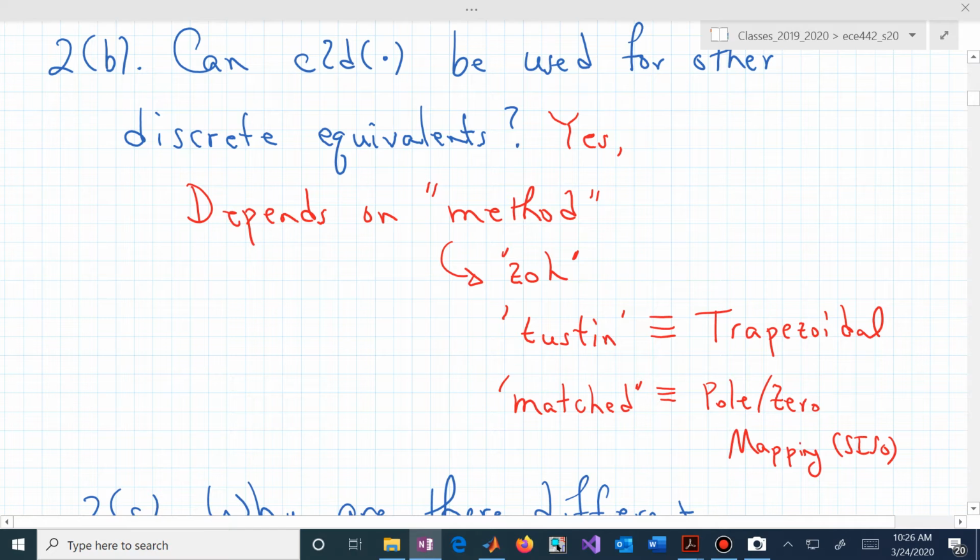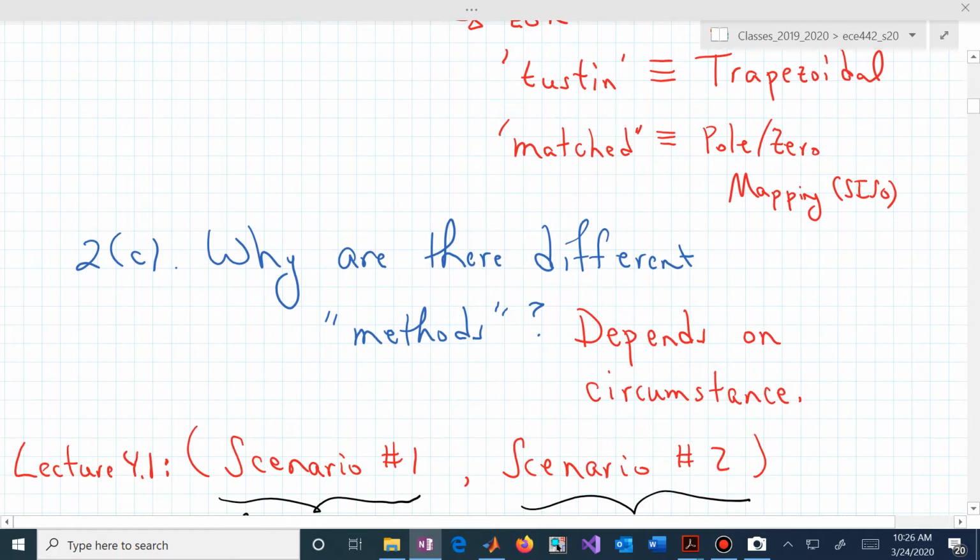They just refer to it as the Tustin. You might hear that in other sources called the bilinear, but in MATLAB it's called the Tustin, and it will do the pole zero mapping, and you do that in homework number 4. There is a difference, and we'll talk a little bit about that, but there the method would be 'matched' inside the single quotes.